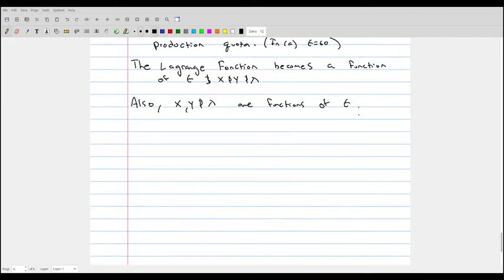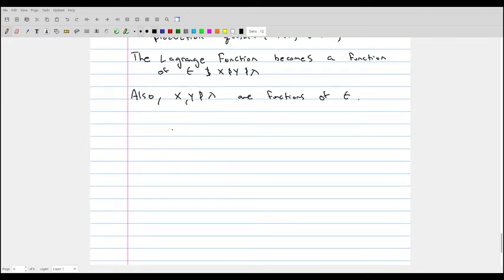The Lagrange function now depends directly on x, y, and lambda, but it also depends on t, because the Lagrange function is going to be the cost function minus lambda times our constraint function, minus this new production quota.